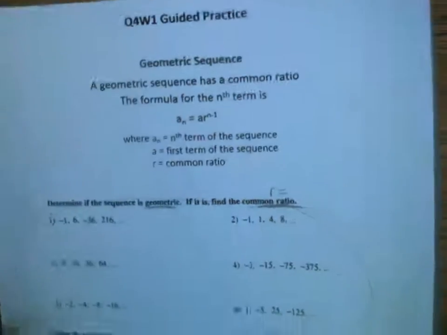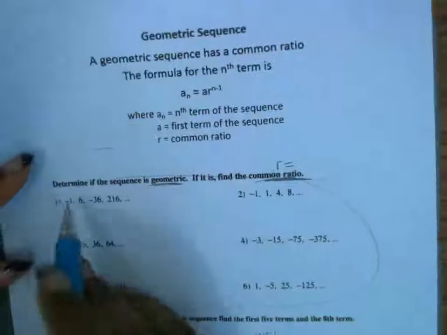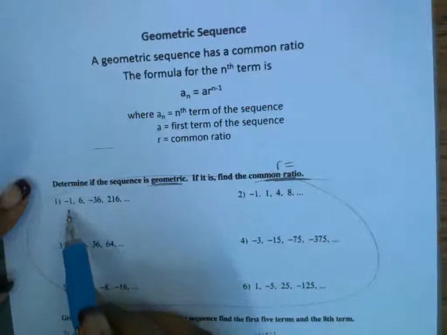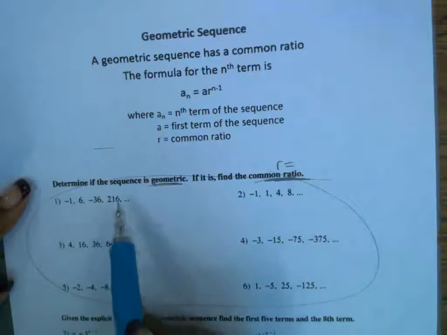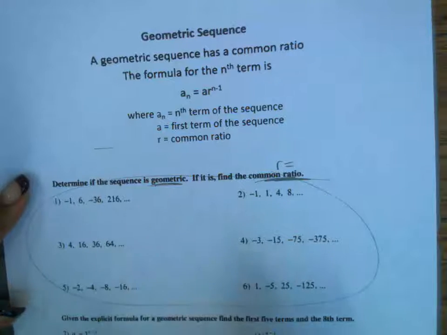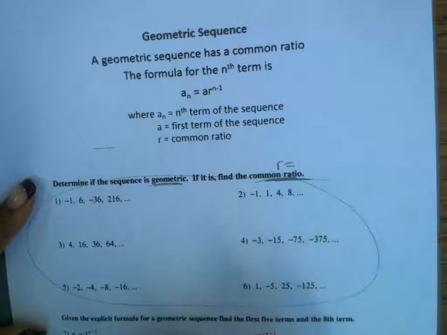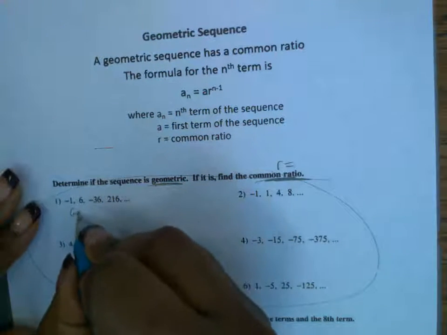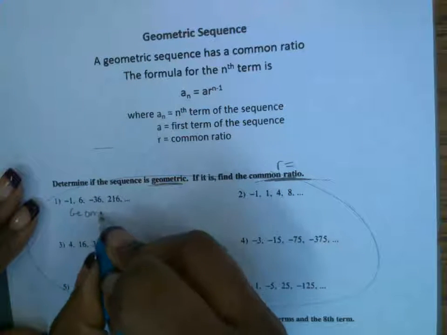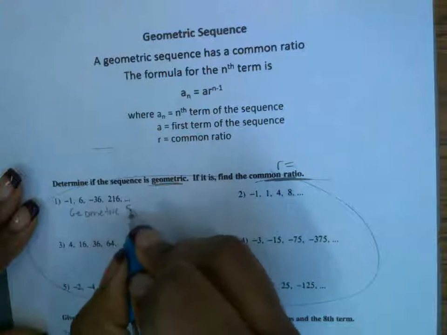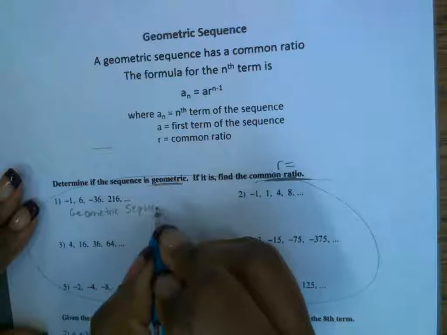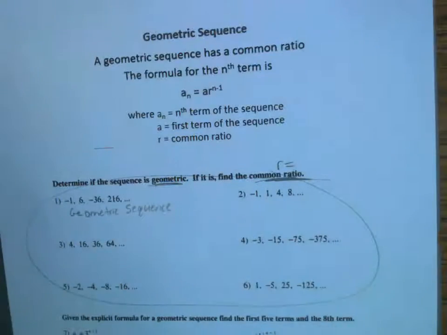All right, so here, is this a geometric sequence? Is there a number that's being multiplied to get to the next number in this? There is. This is a geometric sequence. So we're going to write geometric sequence. Okay, if you haven't done so, please make sure that you write or type that in. What's the common ratio?